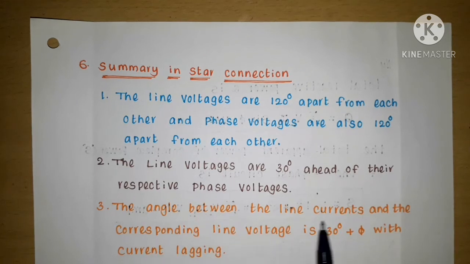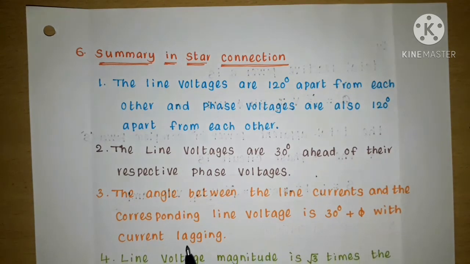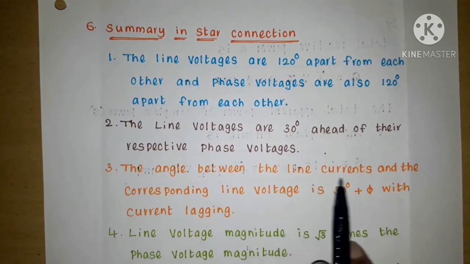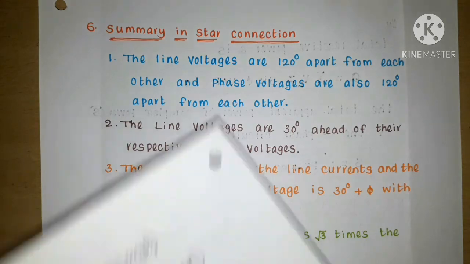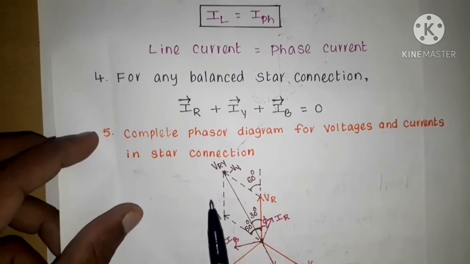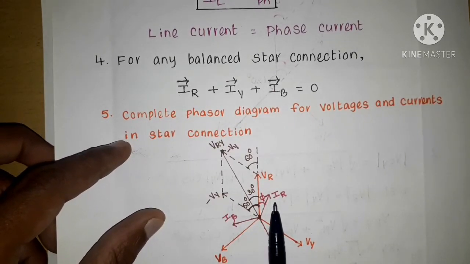The angle between the line currents and the corresponding line voltage is 30 degrees plus phi, with current lagging. Here, VRY is the line voltage and IR is the line current.